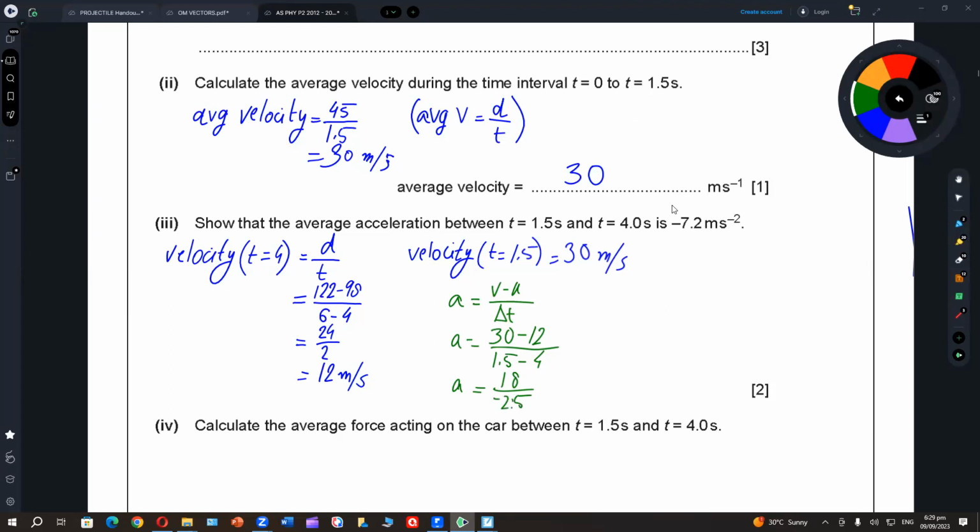So solve this calculation. Sir, it's minus 7.2.